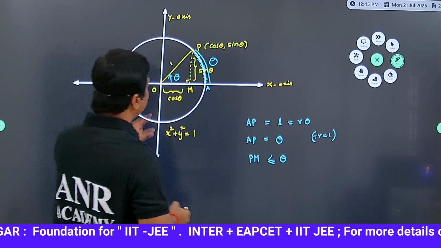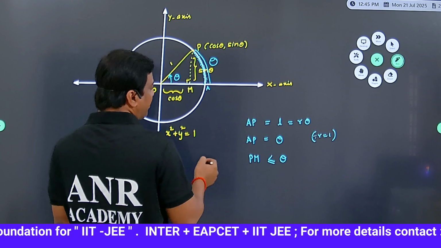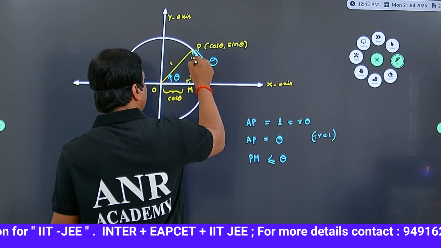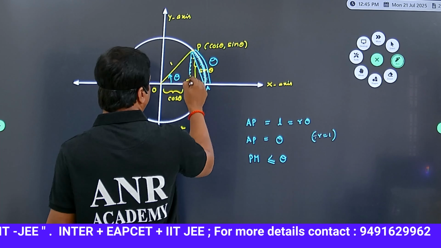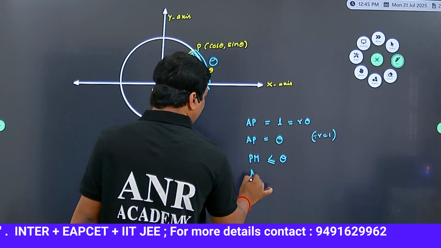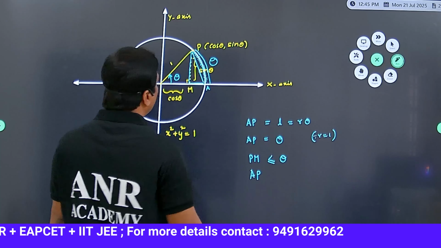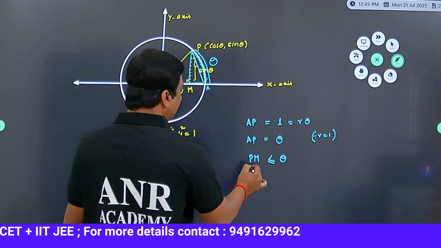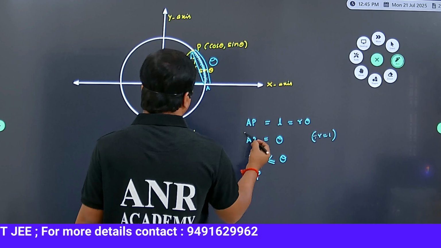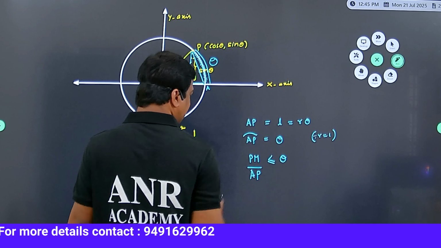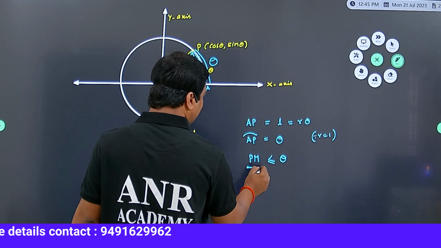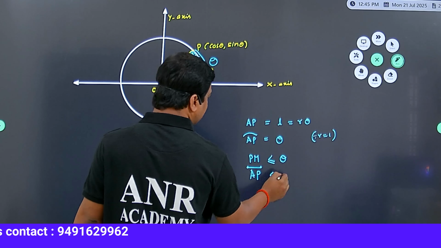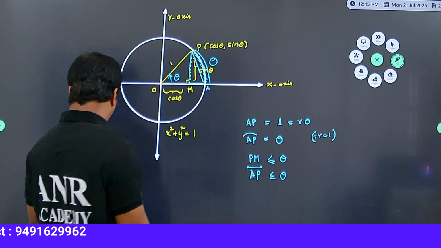PM is less than or equal to theta, and also the AP line segment is less than or equal to theta from the figure.